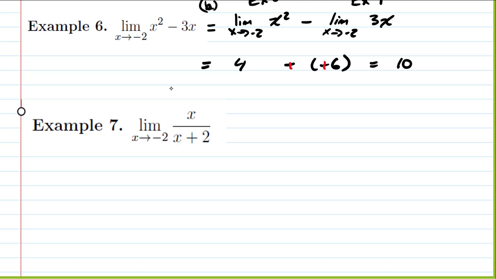So we can't directly use that property. So the limit of the denominator is 0, and we can't use property e. So then we have to take our limit from the left and from the right.